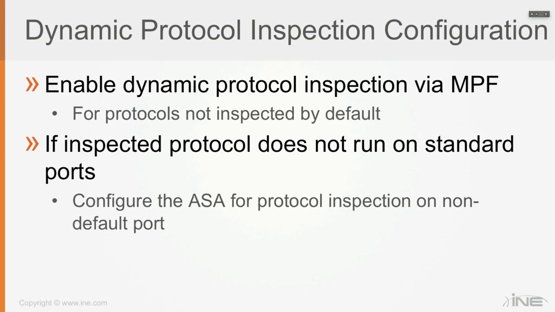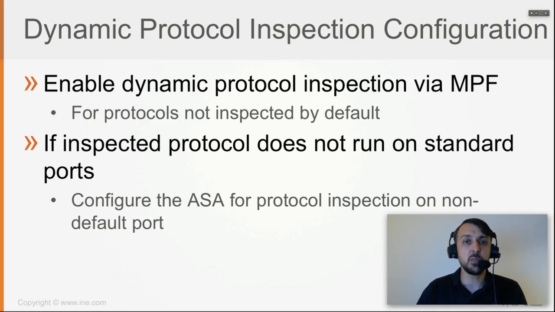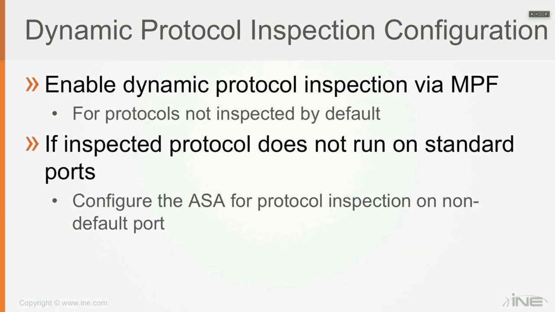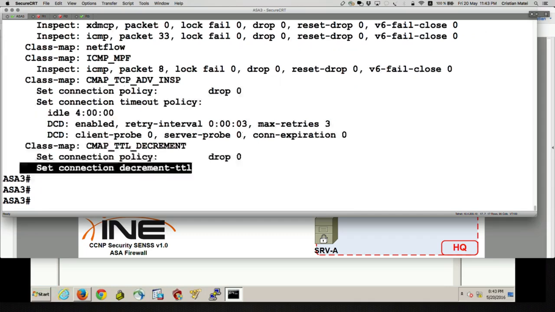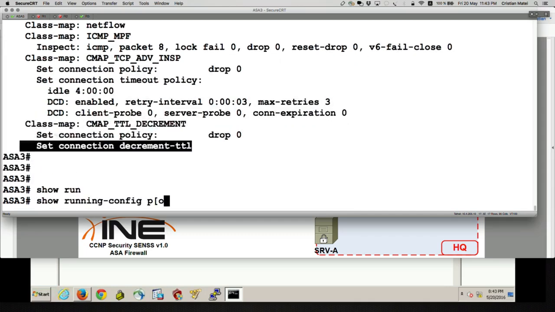Because by default, as you're going to see in a couple of moments, when we inspect those protocols, we inspect them on their default native ports. Which means if we run those protocols on other non-standard ports, we have to tell the ASA that traffic on a port of 9000, for example, is FTP. Like if we go on the ASA and we say show run policy-map.